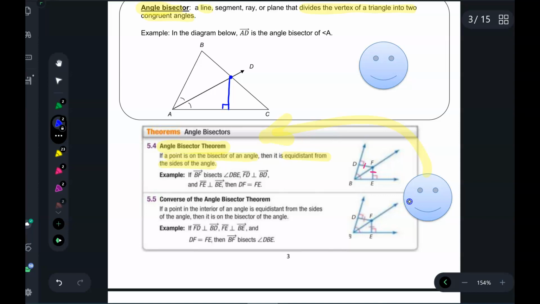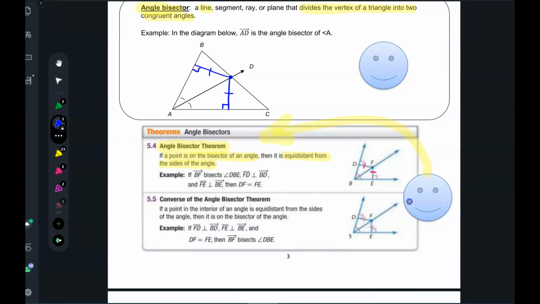I would do the same thing on the other side. And then these two are congruent, because if I measure the distance from D to this side, I would make it perpendicular.